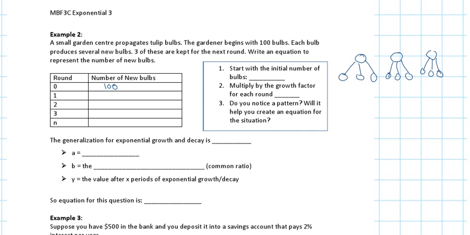300. Because 1 is producing 3. 2, we have a total of 6. 3, we have a total of 9, right? So each one is producing 3. So 100 times 3 is 300.